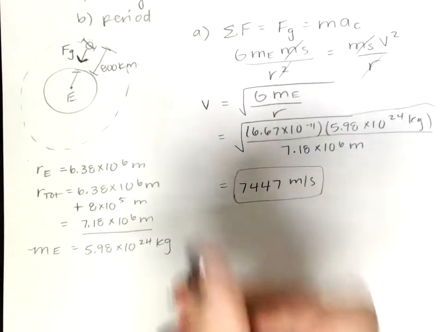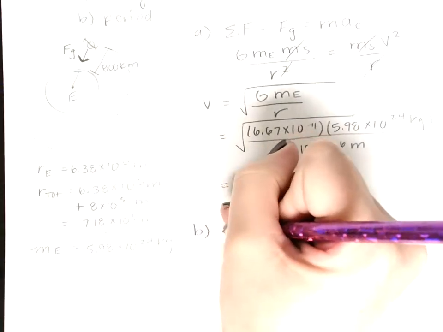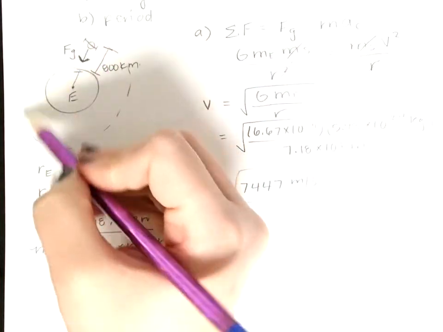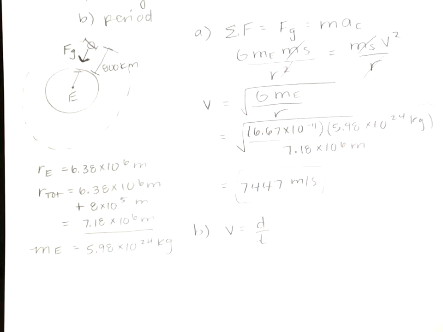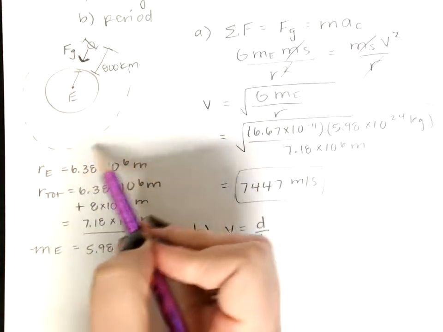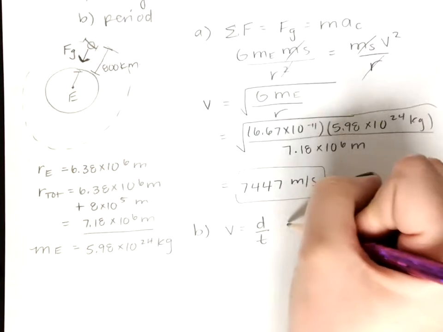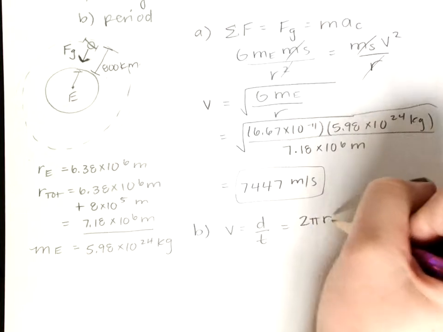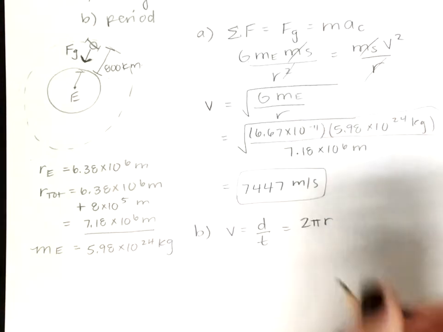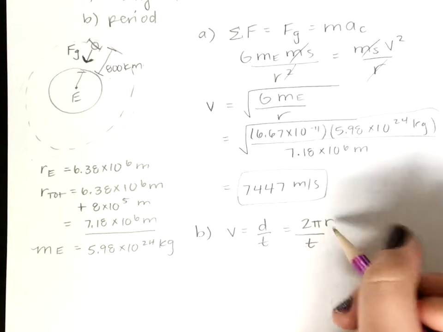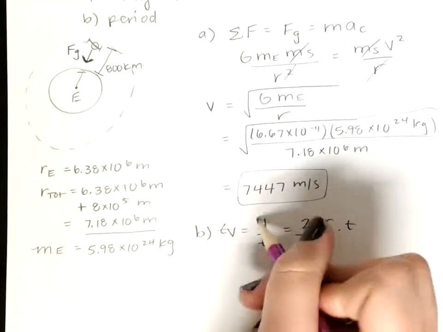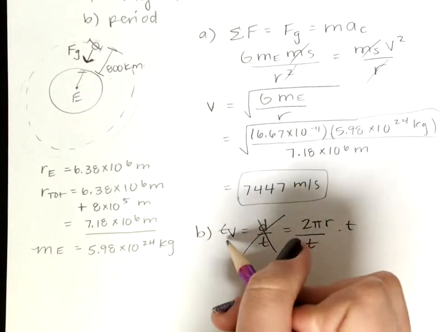For part B, we need to find the period, the time that the satellite takes to go around the Earth one time. Well, we know velocity is equal to distance over time. And the distance this satellite travels around the Earth is going to equal 2 pi times the circular path's radius, divided by time. If we want to solve for time, we multiply t on both sides and divide by v.